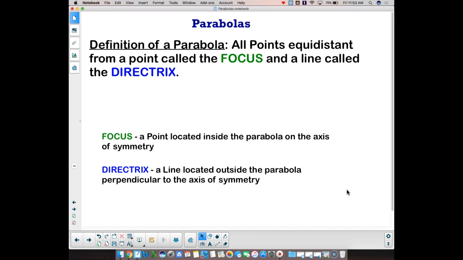What we're going to do today is give you the basic parts of a parabola. Then, over the weekend, you're going to do a flipped video about graphing parabolas and intro to ellipses. You have to do those before we get to the next class, so before Monday or Tuesday, and you need to take notes on them.